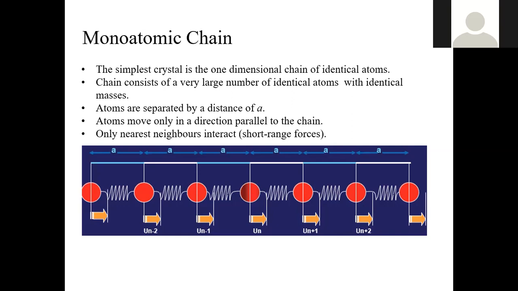When a wave passes through this array, if you consider the nth position atom, it will vibrate, but due to the elastic combination, it will be affected by other nearby atoms also. How they get affected, that we'll study.